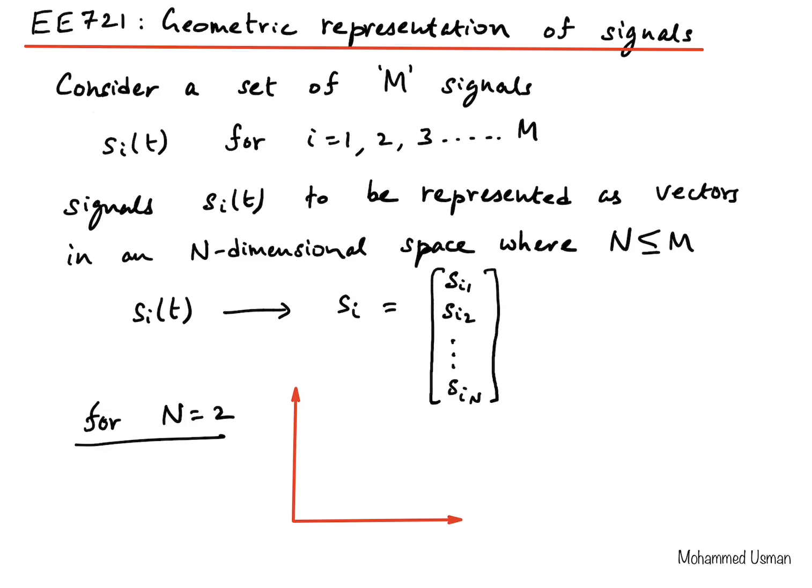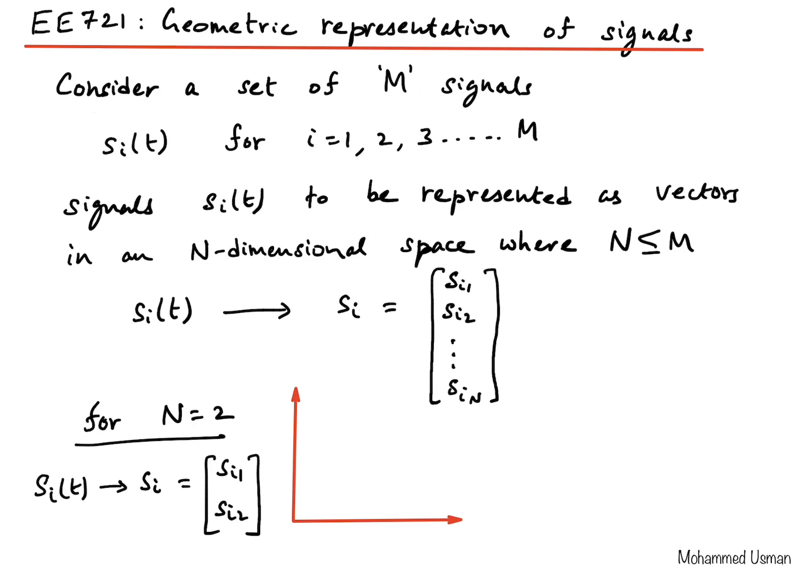The axes represent what are called the basis functions. If n is equal to 2, then our signals, for example Si of t, will be represented as a vector Si, and because it's a two-dimensional space, it will be Si1, Si2. So each vector is of length 2 because there are two dimensions.